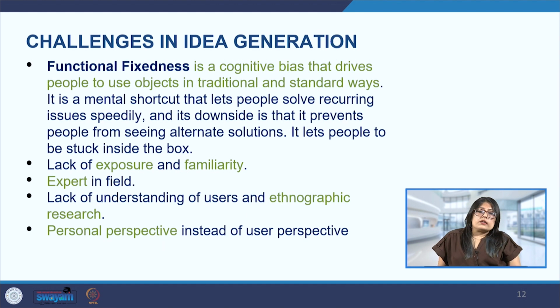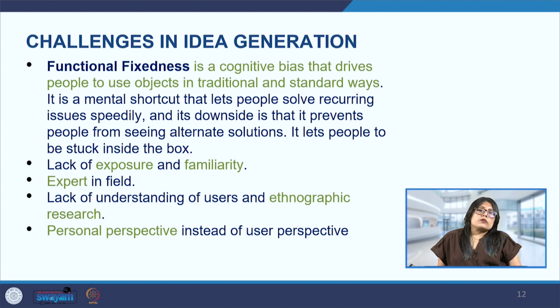Now there are certain challenges as well when it comes to idea generation. So one is functional fixedness. Now this is a cognitive bias. We saw the cognitive biases in the previous lecture, how we should make all the attempts to get rid of them and not let them overpower our thought process, because we are finding a solution for the larger masses.